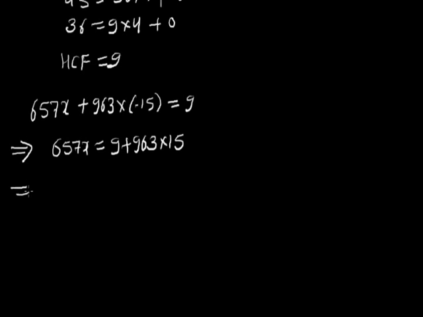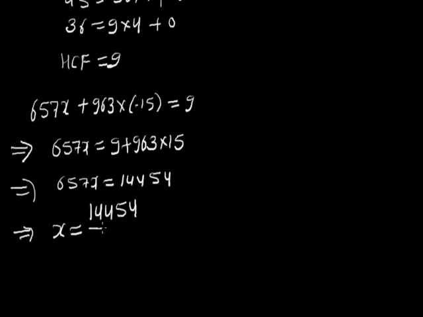So 657 into x comes out to be 14454. So the value of x is 14454 divided by 657, which comes out to be 22. That is our final answer.